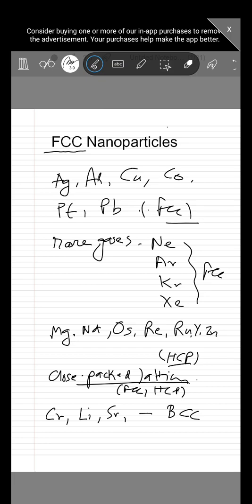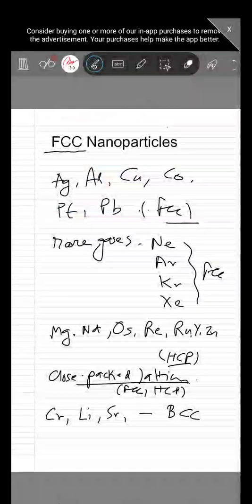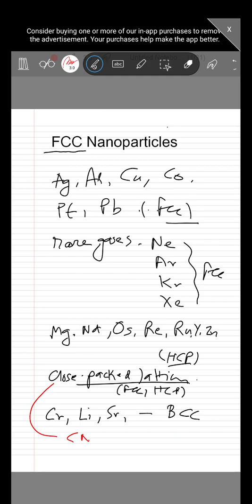In both of these cases, the coordination number, that's the number of nearest neighbors, is 12.